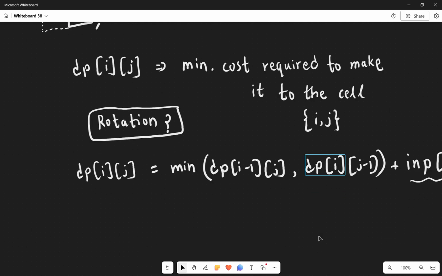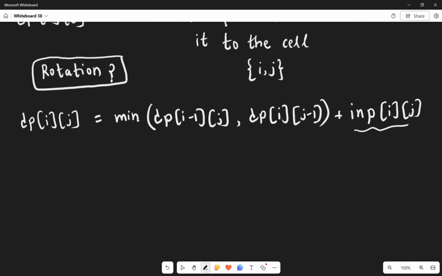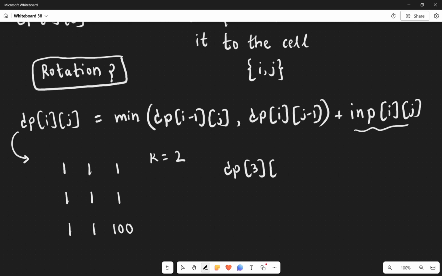This won't work, because suppose I give you a counter example. Consider this grid, and here suppose some big number 100, and k is equal to 2. I can notice here that dp of 3 comma 2, the cost to reach this cell, is 1 plus 1 plus 1 plus 1, 4, right?